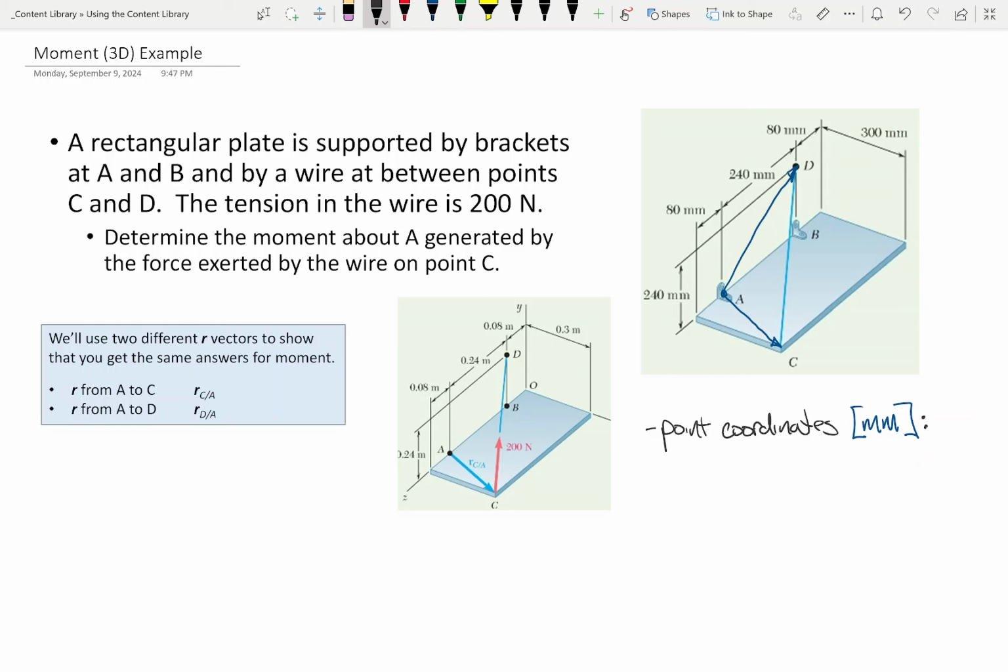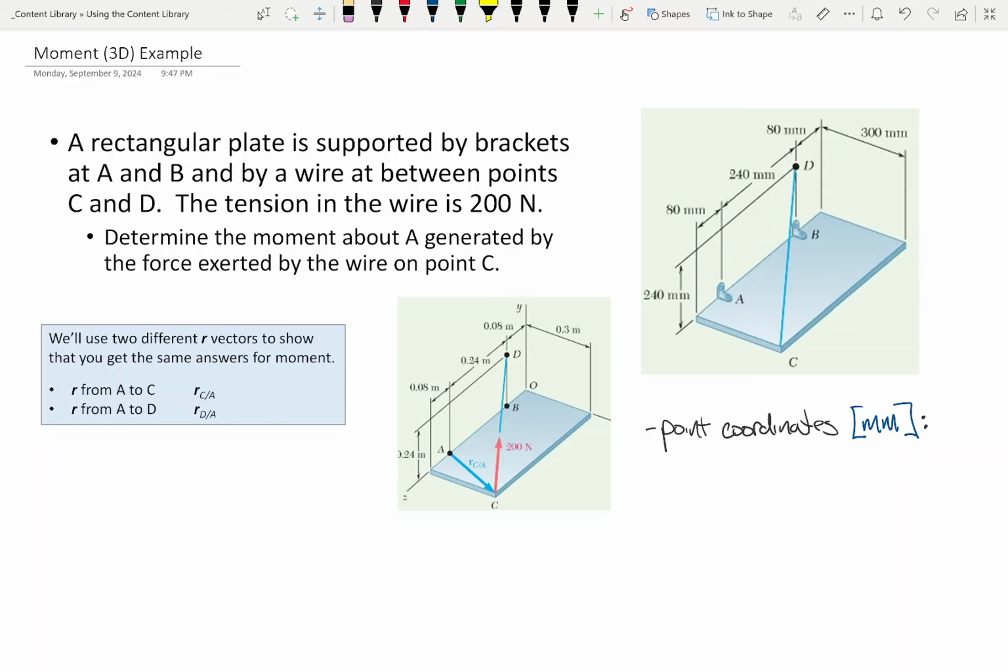Let's start doing point coordinates, and keep in mind that these point coordinates are going to be in millimeters, okay? By the way, we're going to be doing a lot of vector writing, and I'm probably going to start getting into the habit of writing the units outside the vector and just putting numbers inside the vector. I wasn't doing that with forces, but now with forces and distances and moments, it's going to be a lot of unit writing, so I'm just going to put the units on the outside.